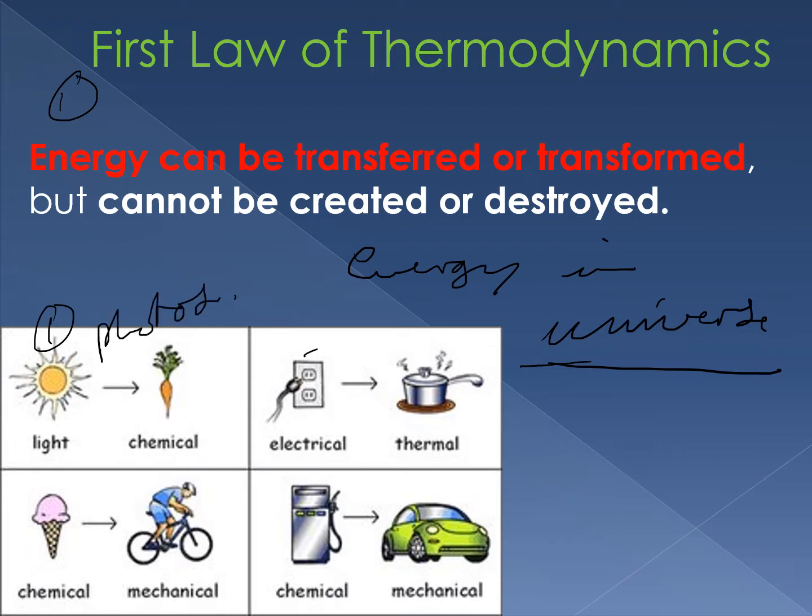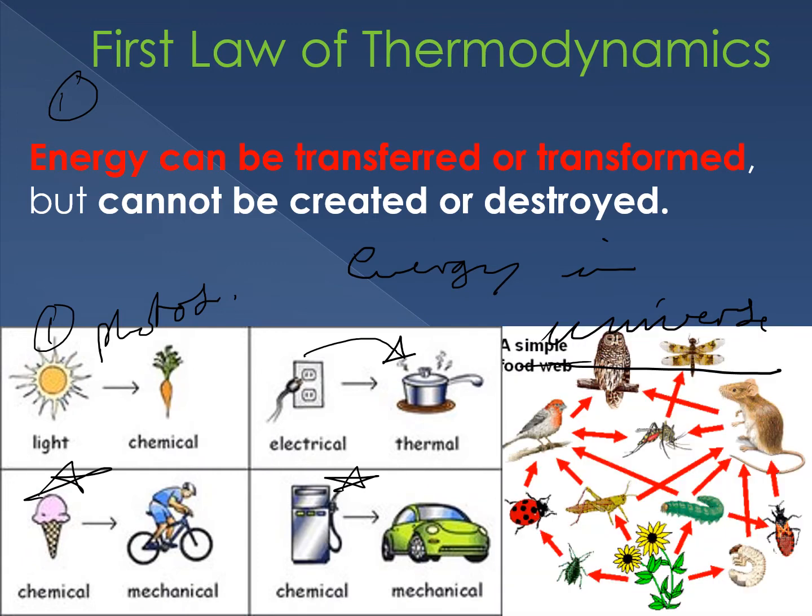Electrical energy can be converted to thermal energy. Chemical energy right here in the ice cream can be converted to mechanical and then kinetic energy. And then chemical energy right here can be converted in the car to mechanical and then kinetic energy as well. So first law of thermodynamics, energy can be transferred or transformed, but cannot be created or destroyed.